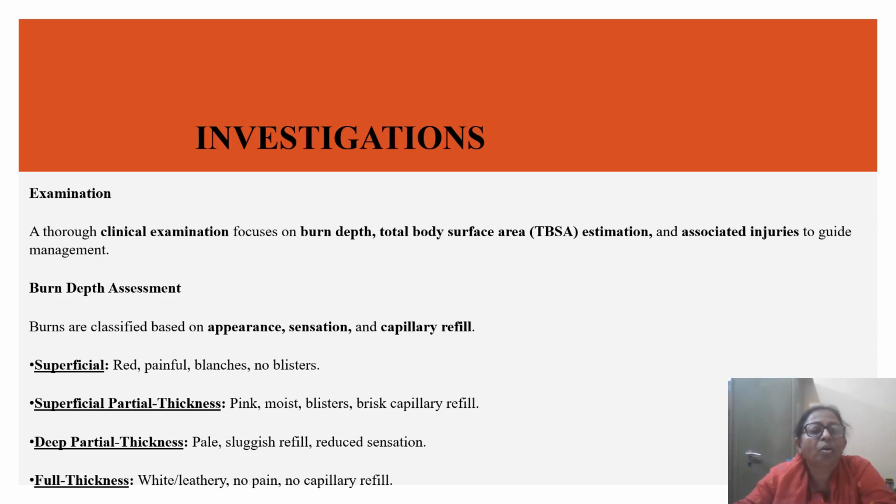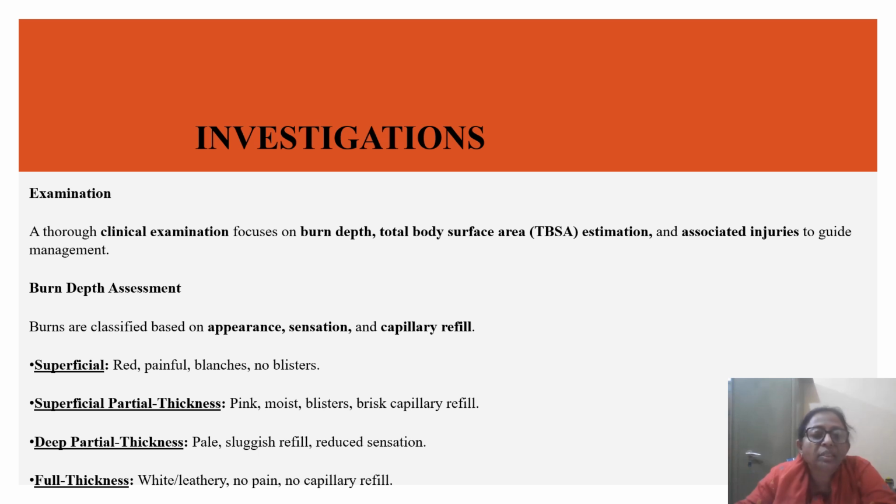Investigations, you can see thorough clinical examination to focus on burn depth and total body surface area estimation and associated injuries. Burn depth assessment by superficial burns, you can see the appearance, sensation and capillary refill. Superficial: red, painful, blanches, no blisters. Partial thickness: pink, moist, blisters, brisk capillary refill.